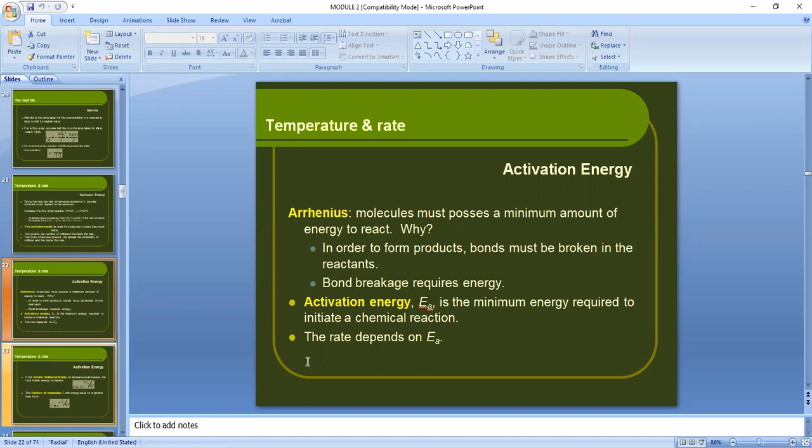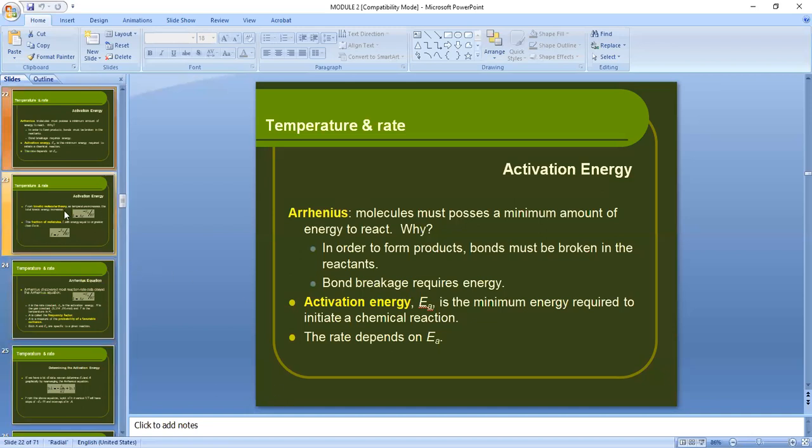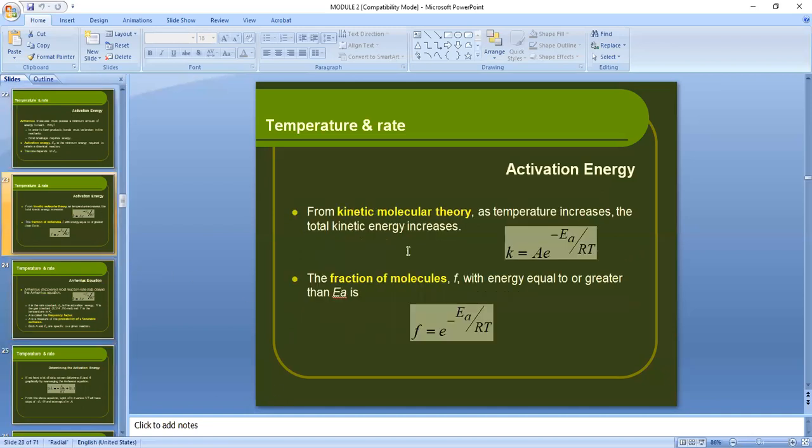Now, this activation energy appears in the rate constant, according to Arrhenius, and it will be shared with you on the next slide. So, Arrhenius theory gives you this formula for the rate constant and its relationship with the frequency factor. This is actually K sub O in our textbook, or the pre-exponential factor.